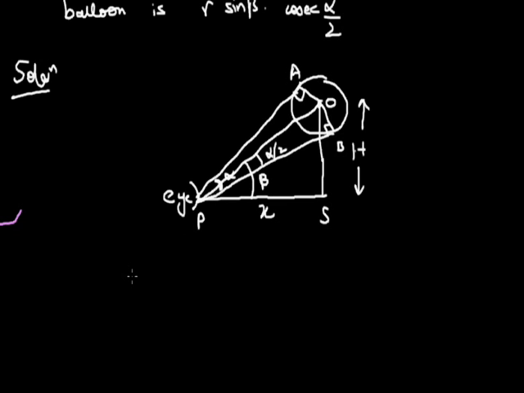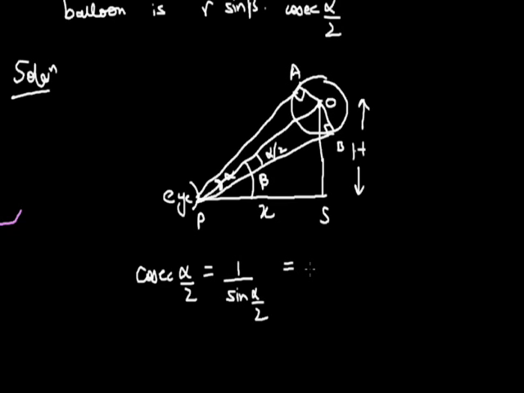We have to prove that the height will be equal to r sin beta into cosec alpha by 2, so we'll start with cosec alpha by 2. Cosec alpha by 2 is 1 upon sine alpha by 2. To write the value of cosec alpha by 2, we first have to know sine alpha by 2.